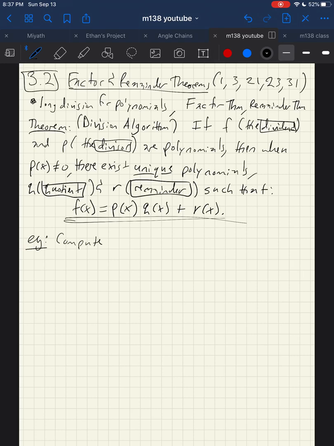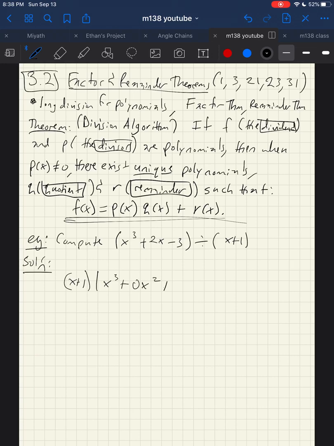Okay, so what I want to do is compute x cubed plus 2x minus 3 divided by x plus 1. All right, so how do we do this? Again, we put x plus 1 outside of the house.